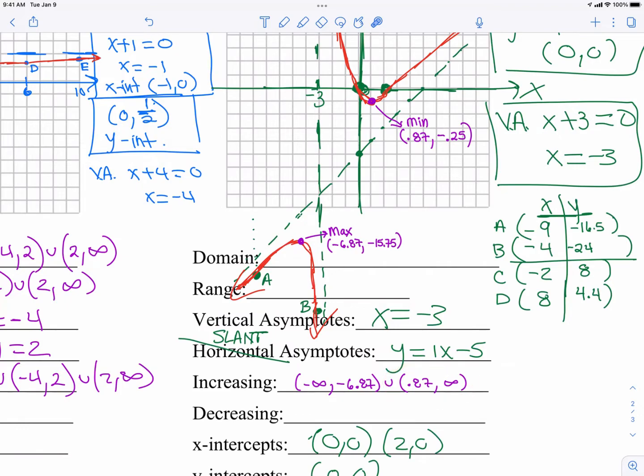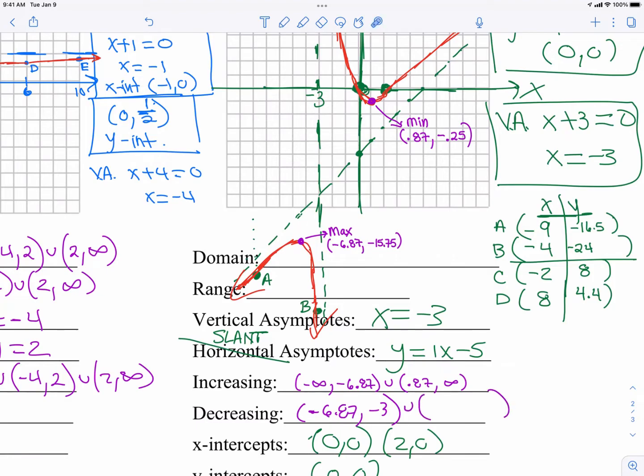All right, where is it decreasing? If you start here at the maximum and then go to the right, you're going to be going down. So that's decreasing from negative 6.87 until you get to the vertical asymptote of negative 3. So that's from negative 6.87 to negative 3, union.